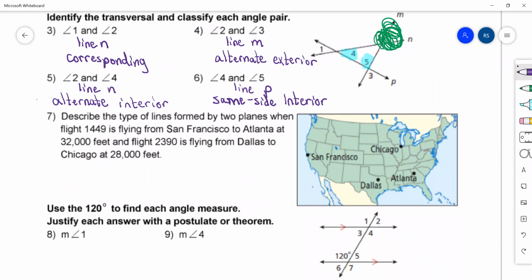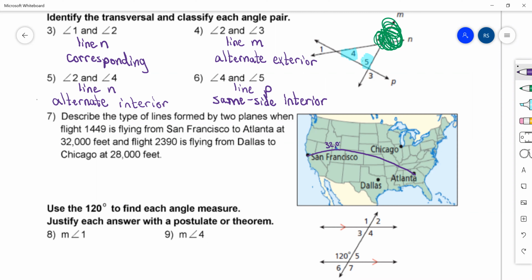The next one, we have 2 flights here. The first flight flies from San Francisco to Atlanta. So we're going from San Fran all the way to Atlanta at an altitude of 32,000 feet.